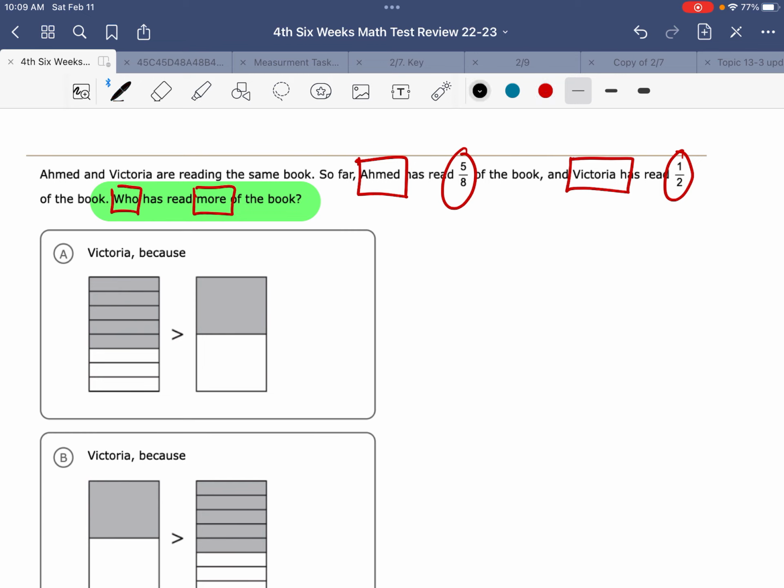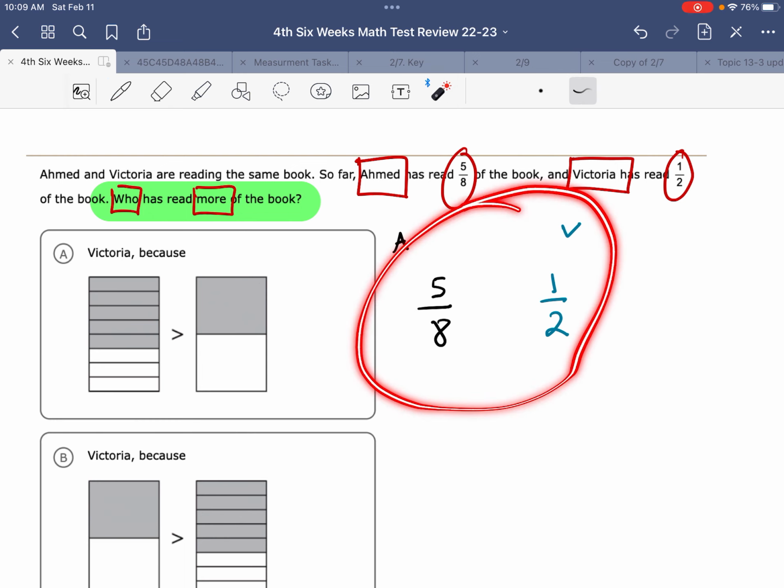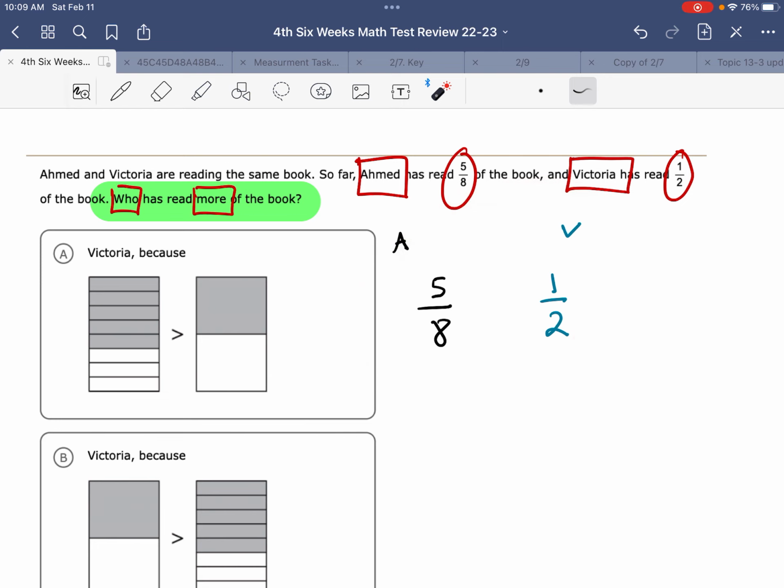So I like to just draw everything out. I'm going to put A for Ahmed, and I'm going to put that he's read 5/8, okay? Then I'm going to put a V for Victoria, and I'm going to put that she's read 1/2, okay? I'm comparing two fractions. I want to see which is more. Remember, just like the last problem, when I'm comparing two fractions, I'm going to do the strategy called the butterfly.